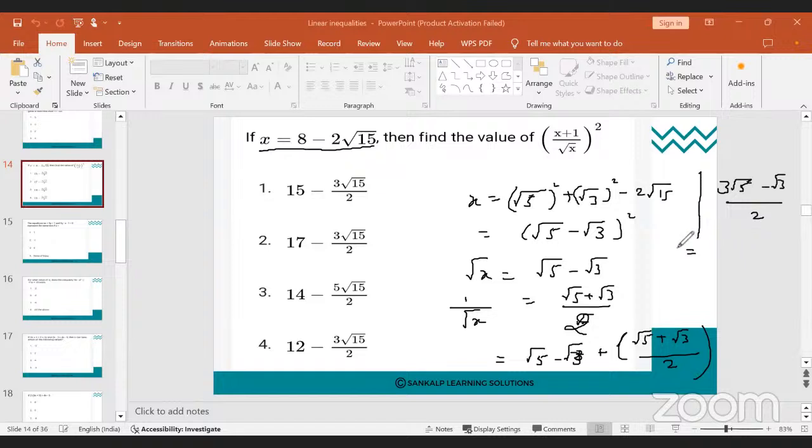After rationalizing, we'll get the answer as 12 minus 3 root 15 upon 2. Option 4 is the correct one. Option D is the correct one. Pratibha has given the correct answer. Move on to the next question.